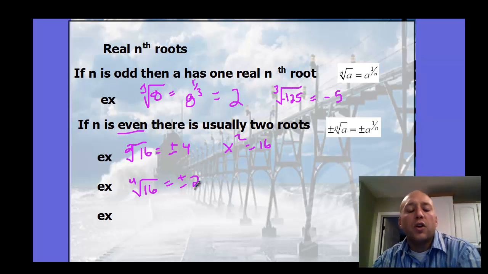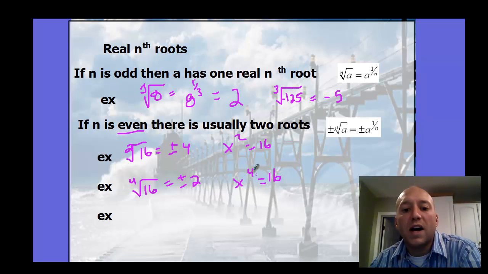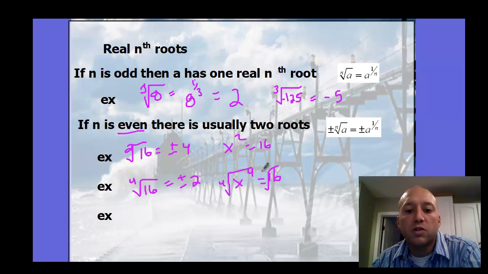Now, if you're just given the actual fourth root of 16, the answer is 2, but if it's x to the 4th power equals 16, to isolate x you do the 4th root to both sides. So x is plus or minus 2, because 2 times 2 times 2 times 2 is 16.